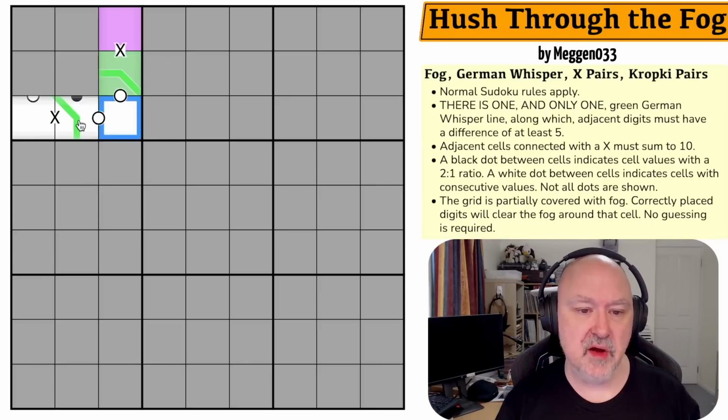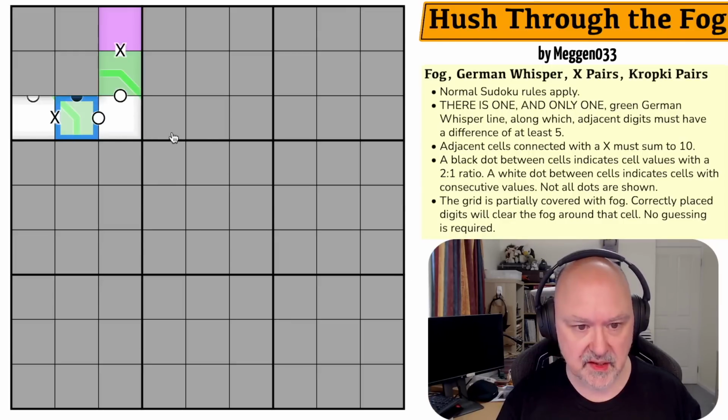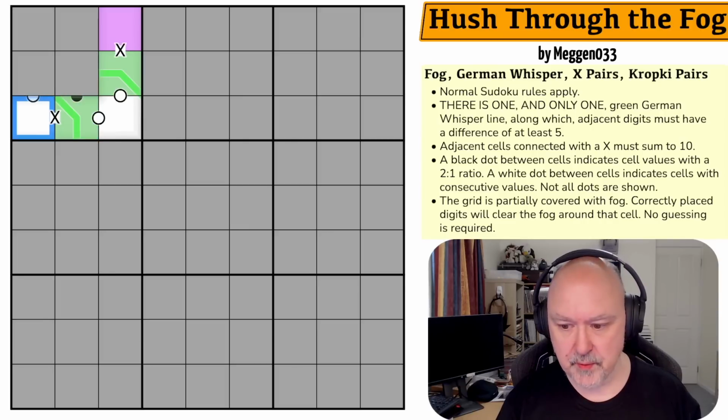But because they're connected by consecutive dots, they would have to be as close as possible. One of them would have to be 4, one of them would have to be 6, and this would have to be 5. But if this is 4, this is 6, and this couldn't be 6. Or if this is 6, this is 4, and this couldn't be 6. So I can't make those 4 and 6 connected by a 5. So this has to be green, and this has to be purple.